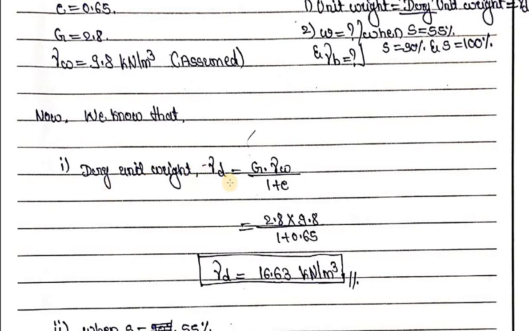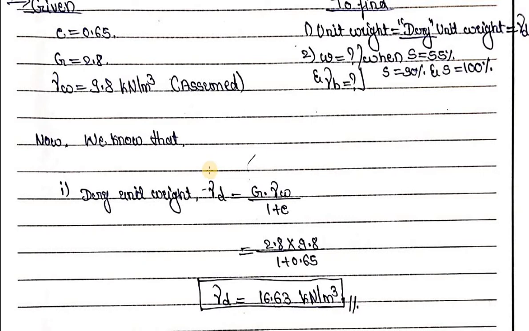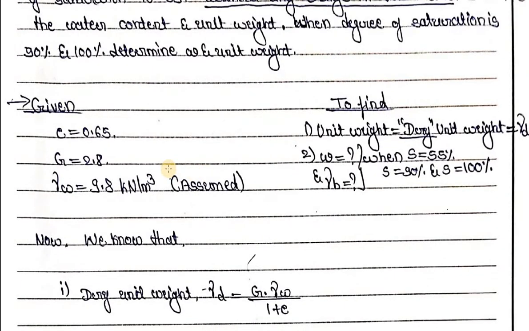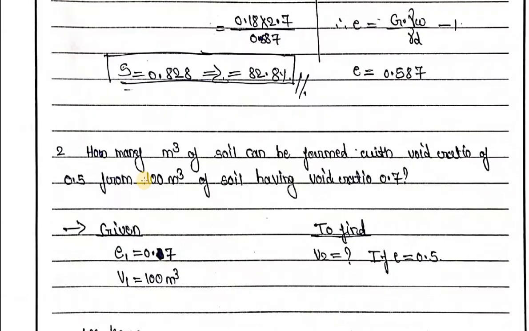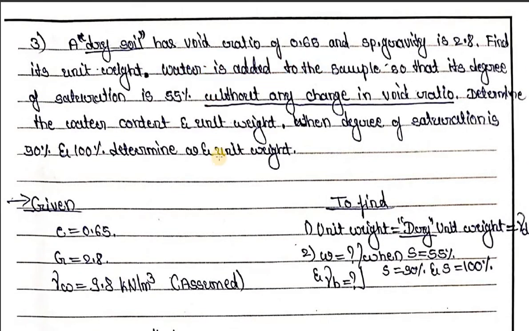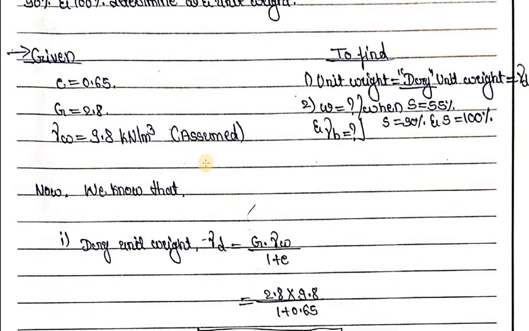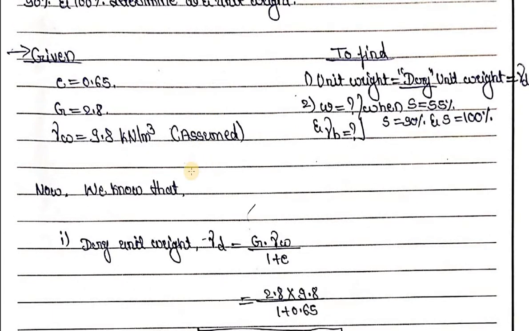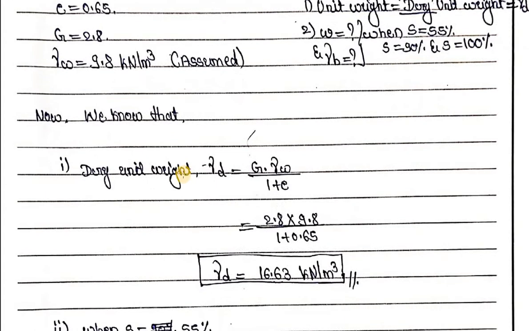For dry unit weight, you can see this list of formulas. I will attach this entire PDF with the notes. For dry unit weight, we have the formula G times γw divided by 1 plus e.